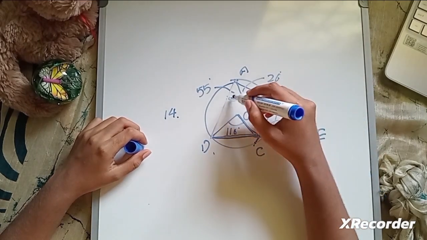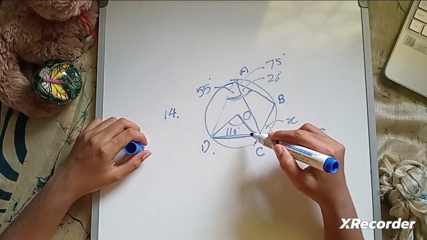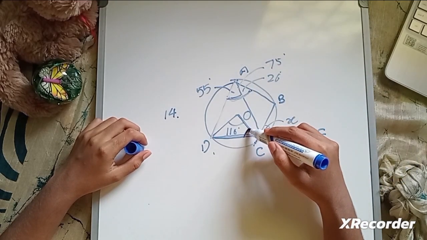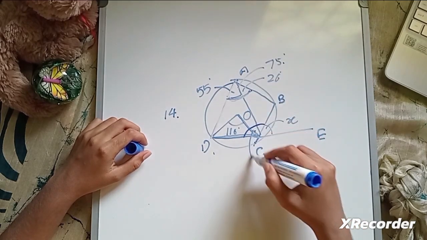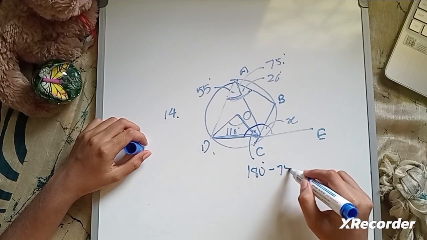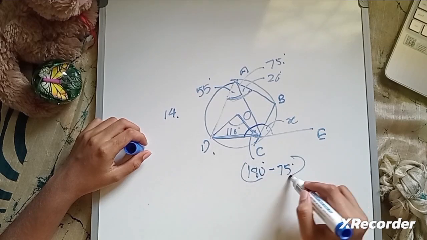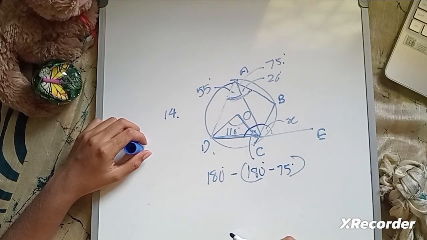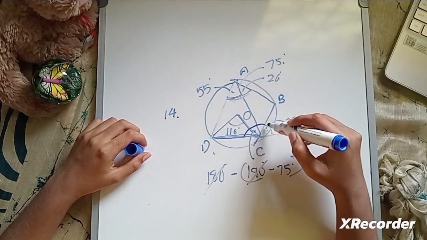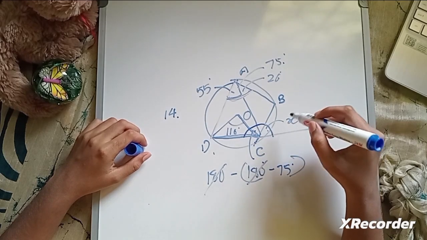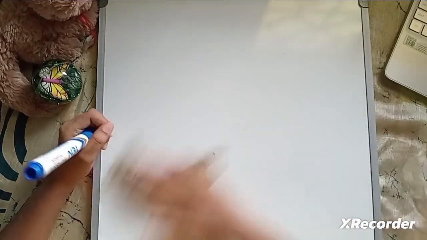Since this is the whole angle, you can say 75 degrees. This is the opposite of this, and you can write this as 180 minus 75, and find this value by subtracting from 180. Then we can simply say this angle is equal to this exterior angle, which means x equals 75 degrees.